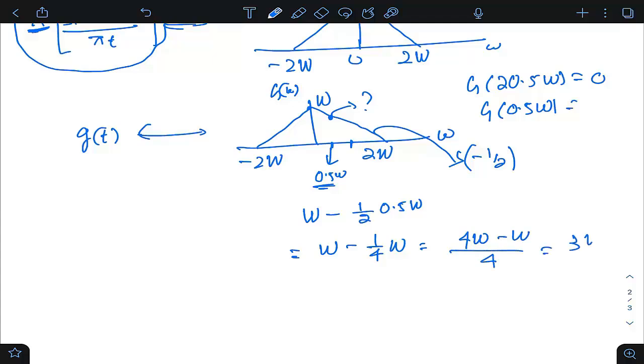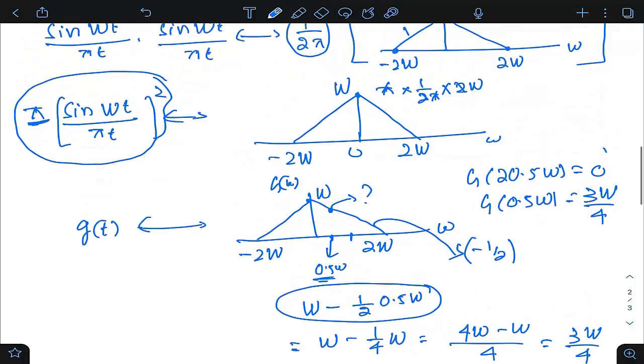This is coming as 3w by 4, right? 0.75, yeah, 3w by 4. I think this calculation is okay. You understood this: initial amplitude, and then it is falling at the rate of minus half. So initial amplitude minus half times 0.5w, w minus w by 4, happens to be 3w by 4.